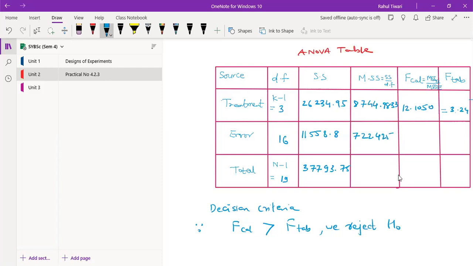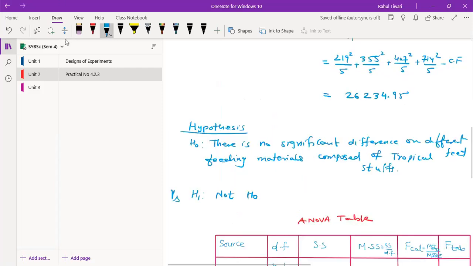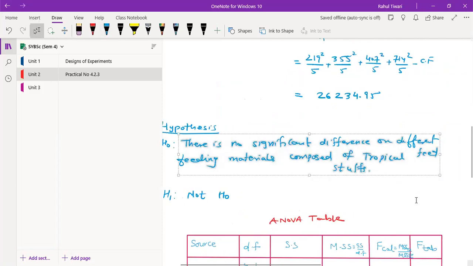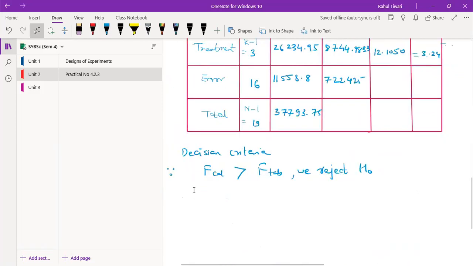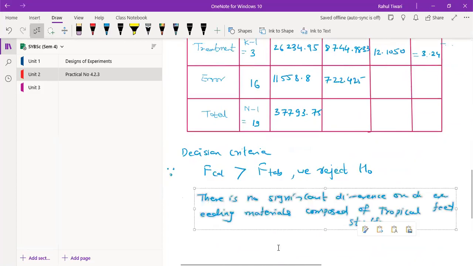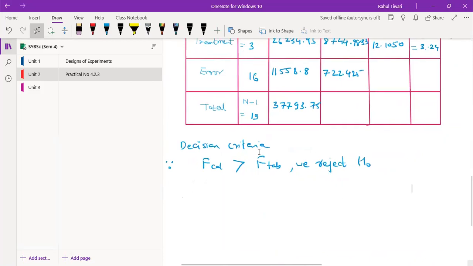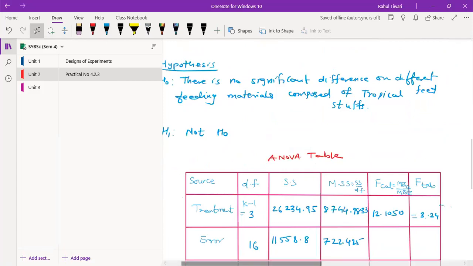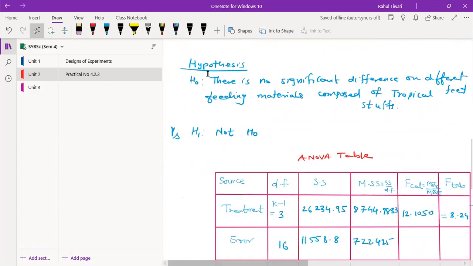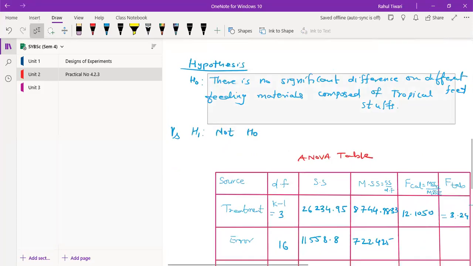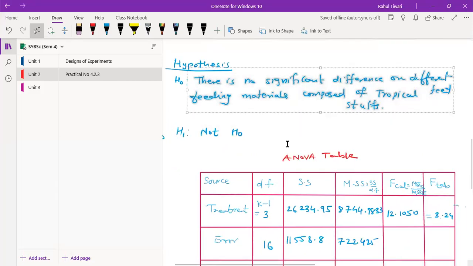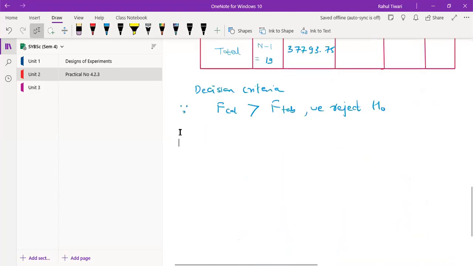And what can we conclude if we reject H naught? That means I can say that there is a significant difference.